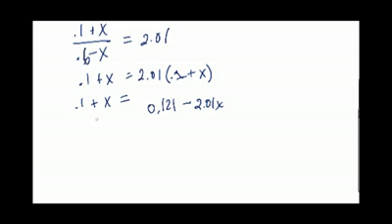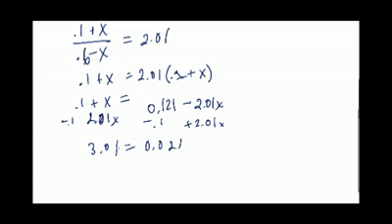Get all the x's on one side by adding the 2.01 on both sides, and subtract the 0.1 on both sides. You're going to get 3.01 equals 0.021x. Forgot the x there. And then x as a result can be solved for, 0.007. This is the change that we were looking for.